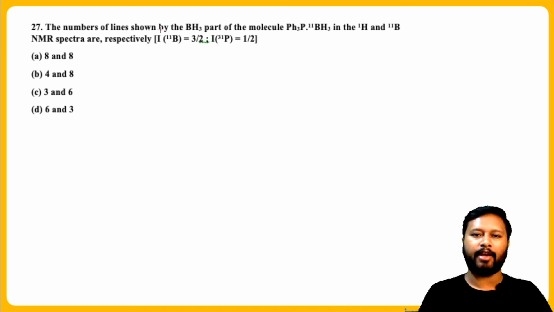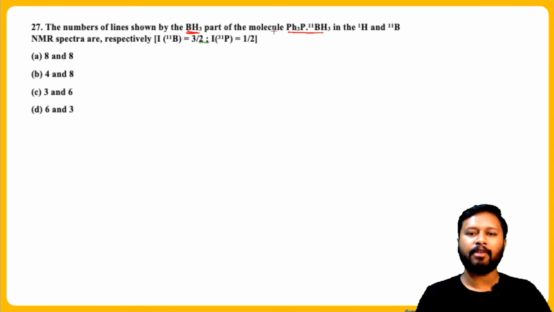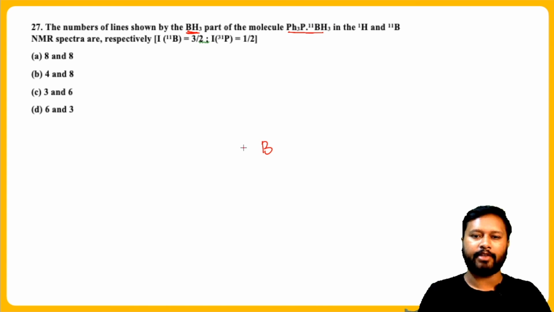It says the number of lines shown by the BH3 part of the molecule PPh3·11BH3 in the proton and boron NMR. So how to do this question? This one also I'll explain to you. First of all, you have to draw the molecule. BH3 is trigonal planar, so I'm just going to draw it in a planar manner.